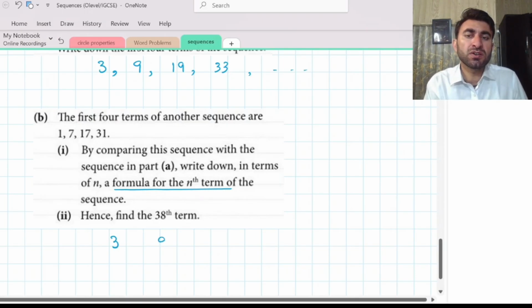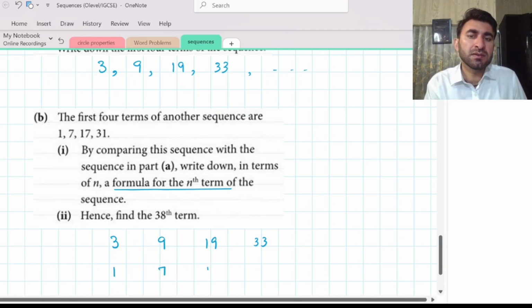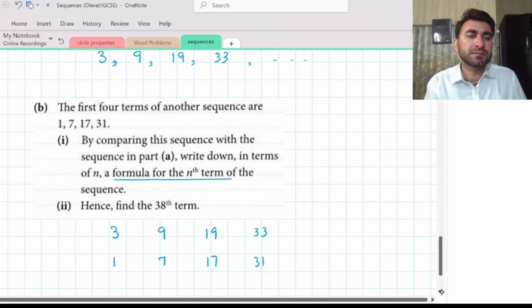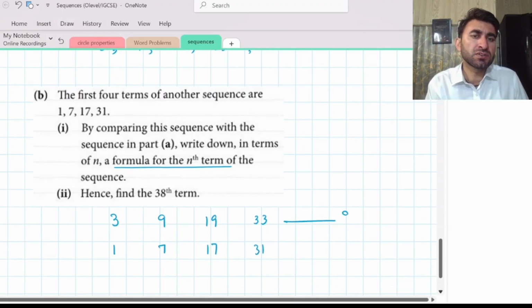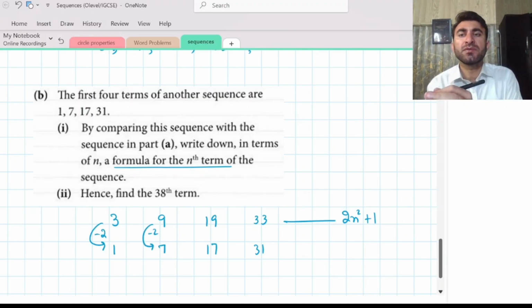The first sequence was 3, 9, 19, 33, and the second sequence is 1, 7, 17, and 31. As we see, the nth term of the first sequence was 2n square plus 1, and the second sequence is basically the first sequence minus 2.